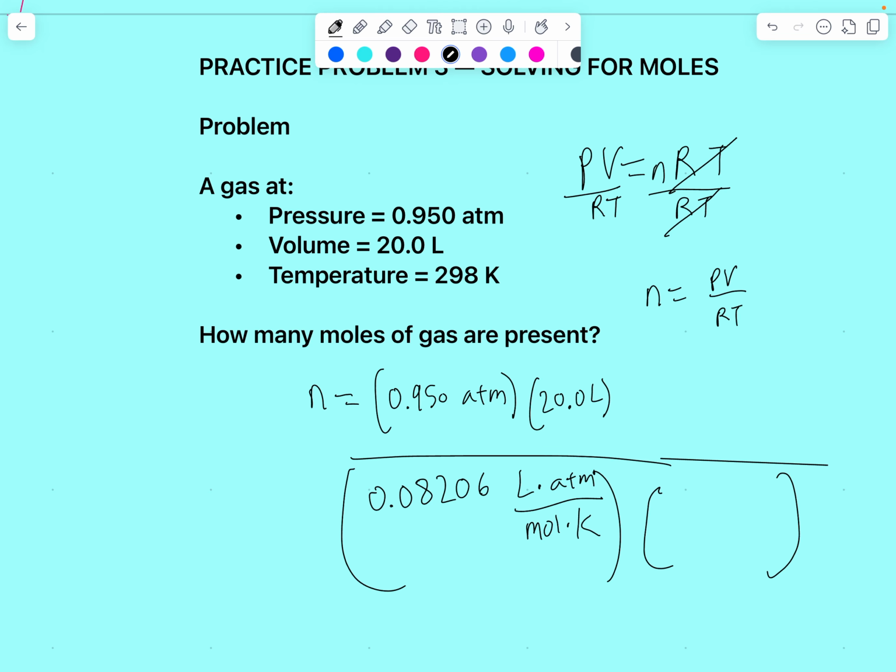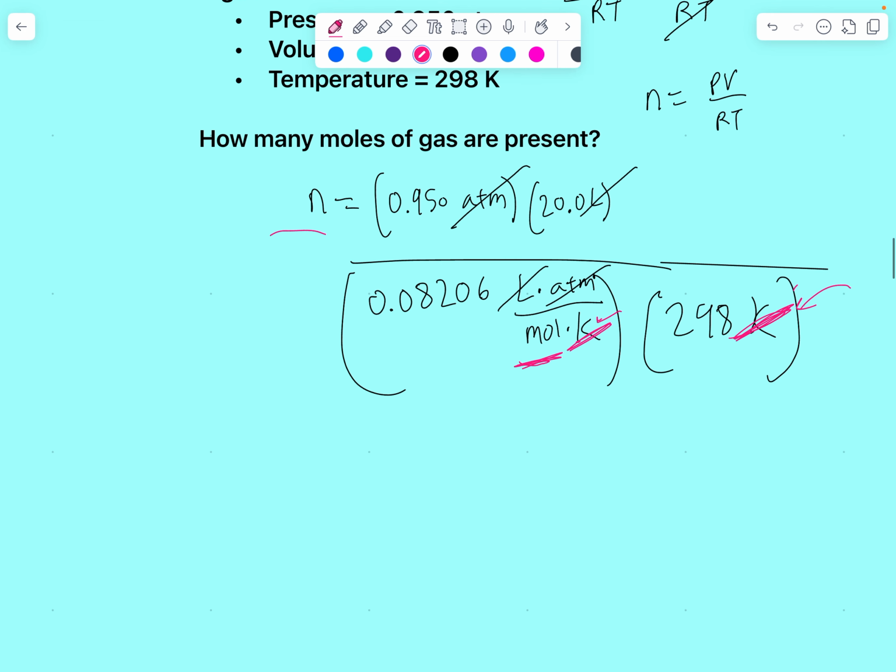Times temperature of 298 Kelvin, right? So look at this. Liters cancels out. Atm cancels out. Kelvin too, technically, since they're both in the denominator. So n is for how many moles, and we are at the correct unit. So I know I plugged everything in correctly.